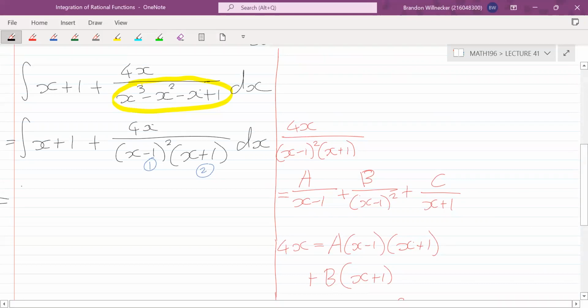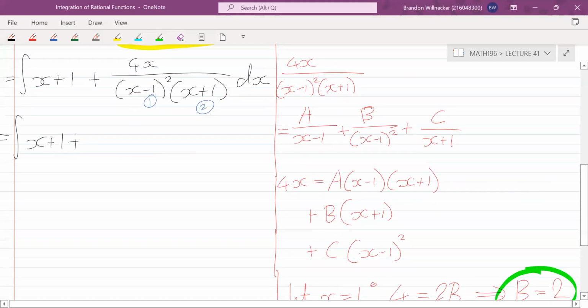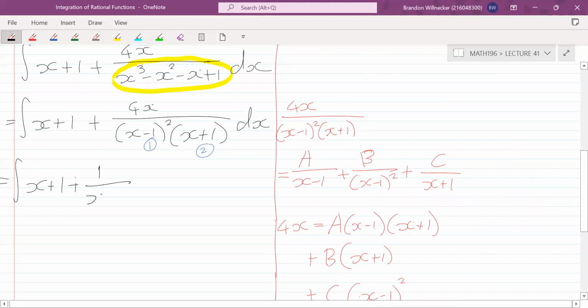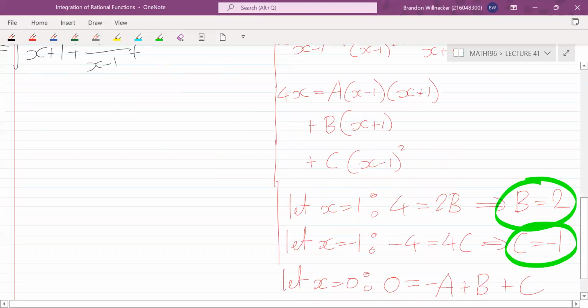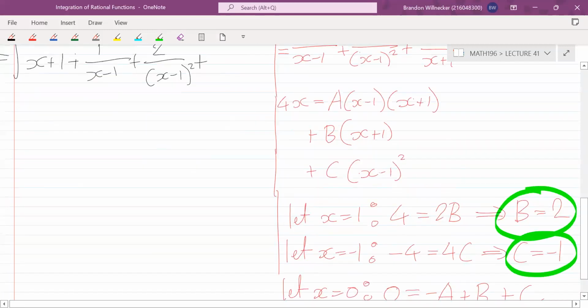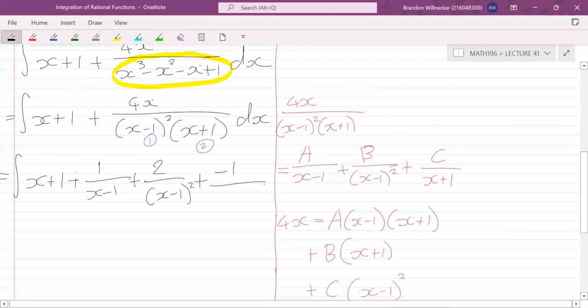So this is going to be equal to the integral of x plus 1 plus the a term, the value of a over x minus 1, but a is 1, so it's just 1 over x minus 1, plus the value of b, which is 2, so it's going to be 2 over x minus 1 squared, plus c, that was minus 1, so it's minus 1 over x plus 1 dx.